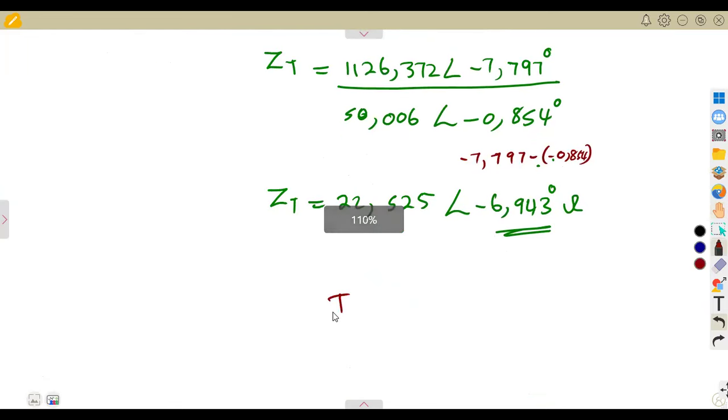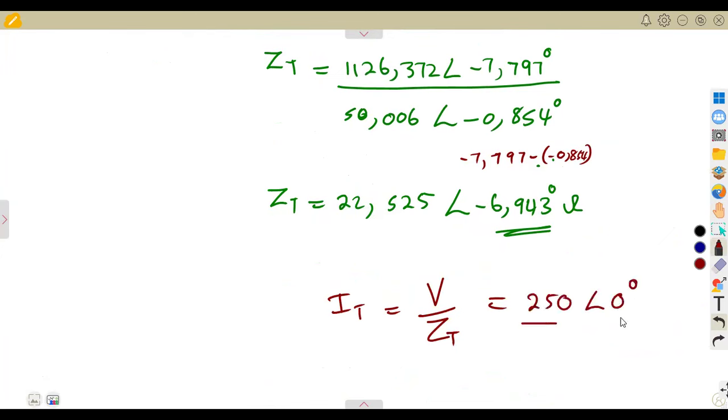So now the total current from the total impedance, voltage over the total impedance. Remember, the supply voltage is 250, so that's 250 at angle of 0 degrees. That is the voltage that we are given as our supply. Then the total impedance being 22.525, angle of minus 6.943 degrees.